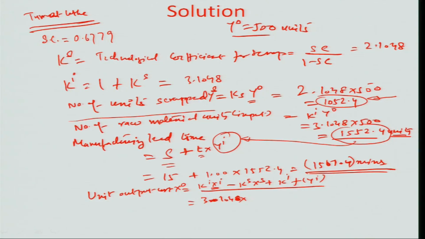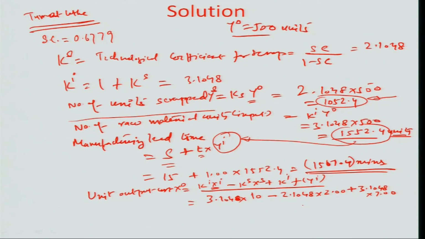So we have 3.1048 Ki times xi, which in this case is about $10 a unit, minus Ks, which is 2.1048, times the unit salvage cost, which is about $2, plus the technological coefficient of the input times the processing cost, which is about $7, as I just pointed out.